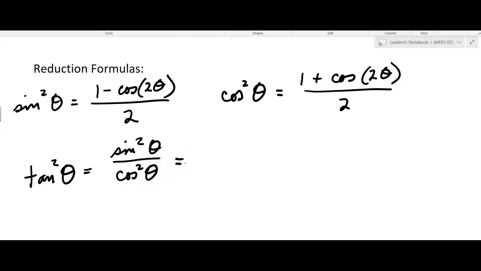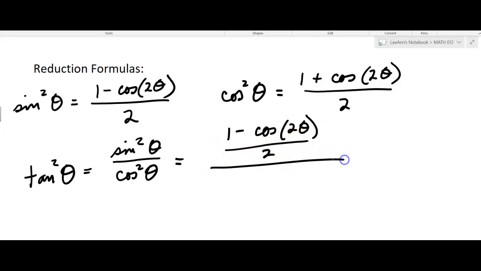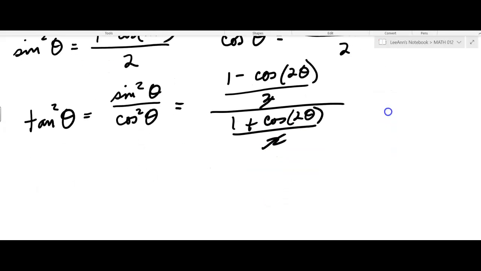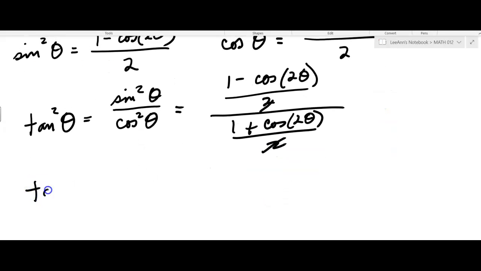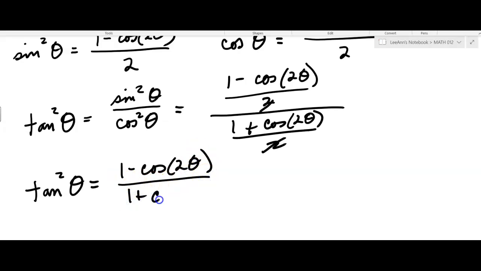And that's going to be 1 minus cosine 2 theta over 2 over 1 plus cosine 2 theta over 2. And then those 2's are going to cancel. So our last reduction formula, tangent squared theta equals 1 minus cosine 2 theta over 1 plus cosine 2 theta.